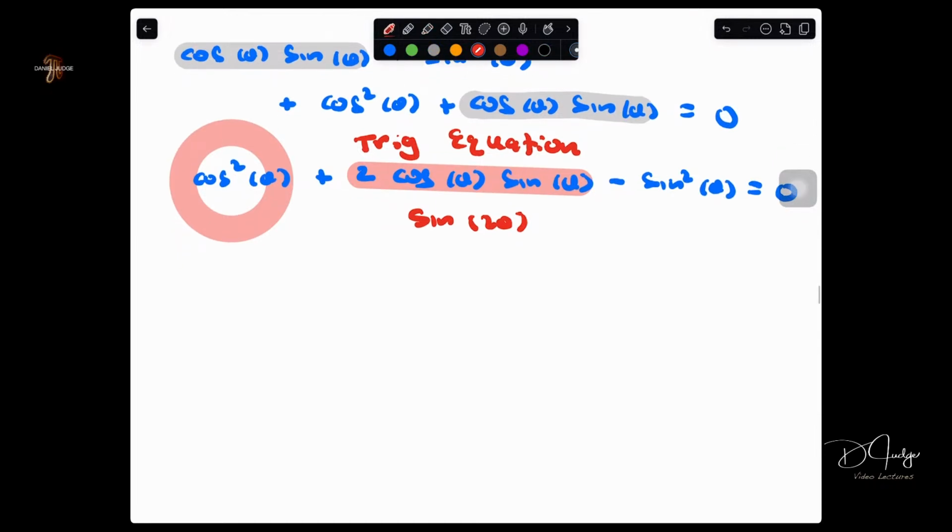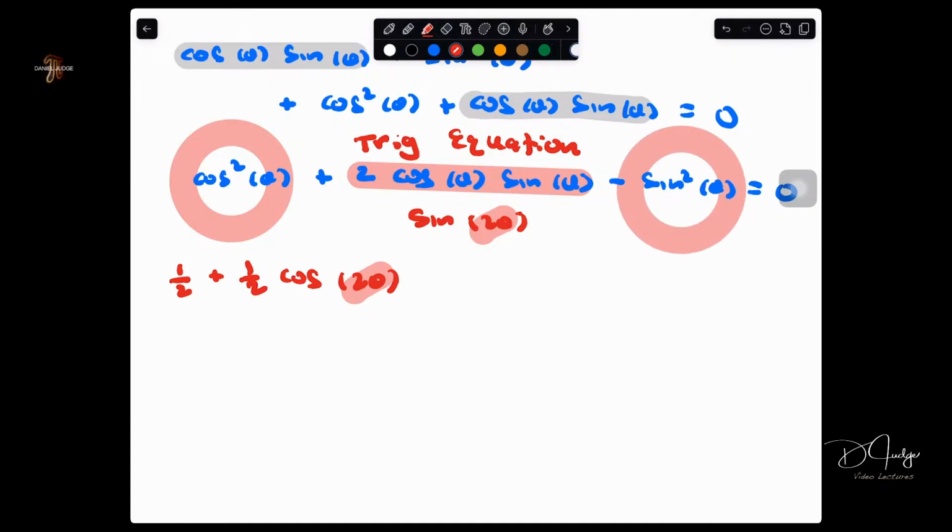Cosine squared theta is 1/2 plus 1/2 cosine double theta. You see, you have this double angle here, and so we have to use an identity that also gives us a double angle. And similarly, the half angle identity for sine squared theta is 1/2 minus 1/2 cosine double theta. So we're just writing everything in terms of that double theta here.